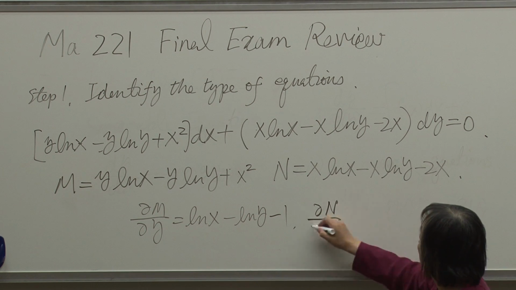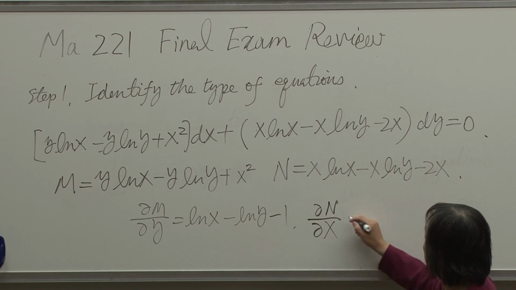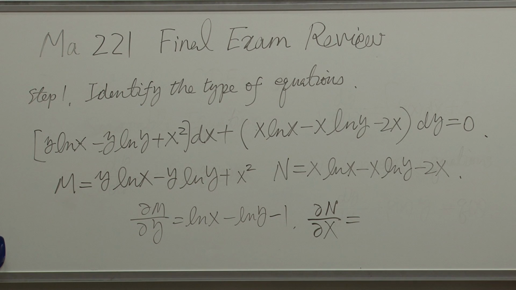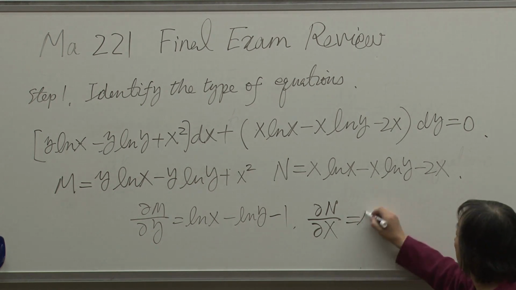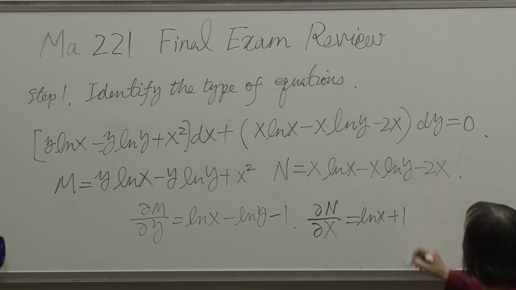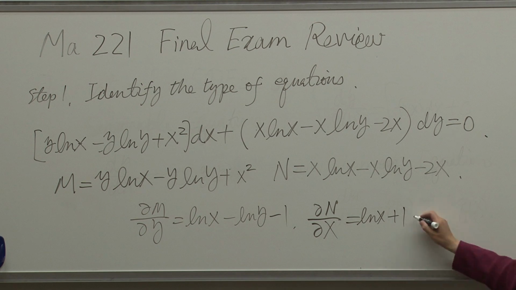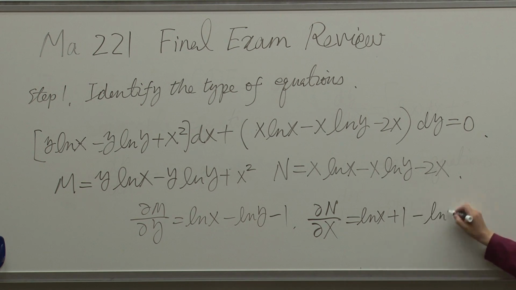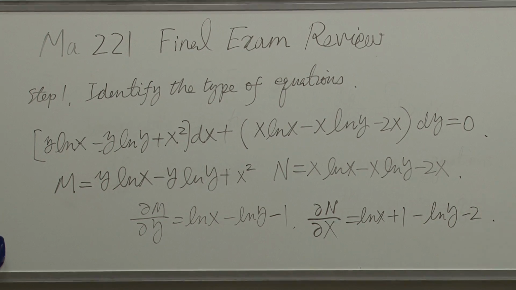Now let's compute the derivative of n with respect to x. The first term is log x plus 1. The second term has negative log y. The last term is negative 2.